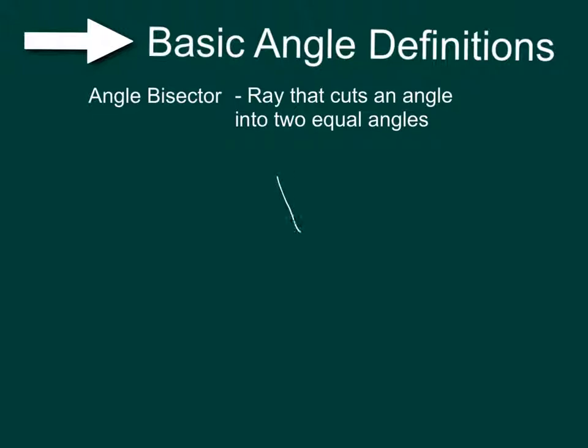If we have angle A, B, C, angle ABC right here, and we cut that angle in equal halves with ray BD.